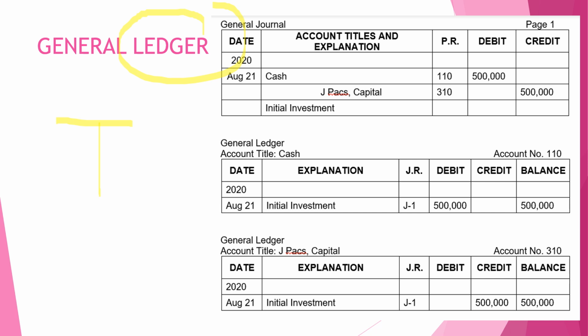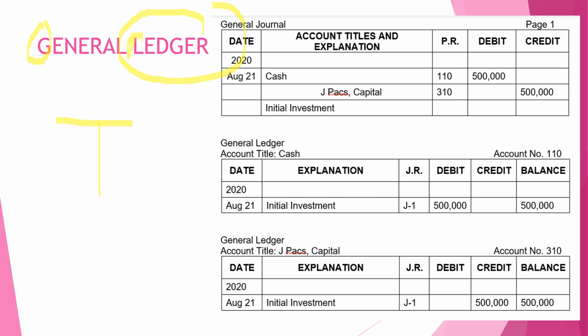Okay, they call it GL, but it refers to the general ledger. Okay, so this is a grouping of all accounts used in the preparation of financial statements. So the GL is a controlling account because it summarizes all the activities that have taken place as recorded in its subsidiary ledger. So this is the format of a general ledger.